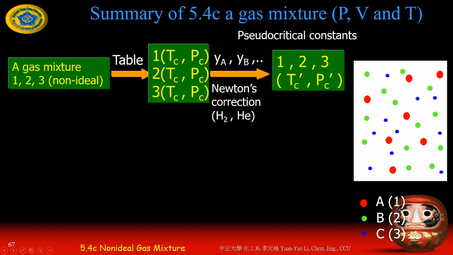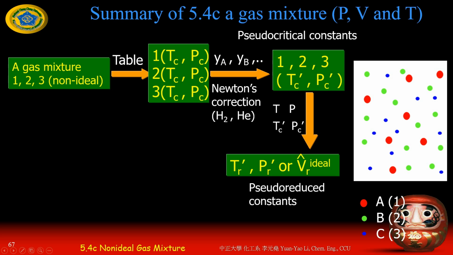Once you know the pseudo-critical constants, and you have temperature and pressure, then you can get the pseudo-reduced constants, like pseudo-reduced temperature, pseudo-reduced pressure, or pseudo-reduced volume. You can find out 2 out of these 3, using these 2 pieces of information.